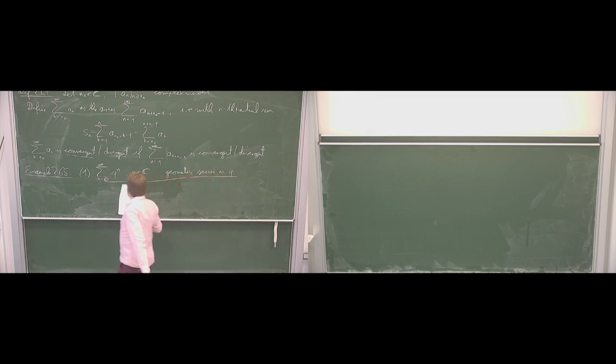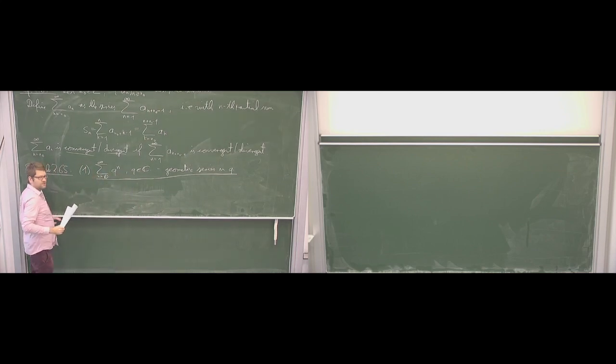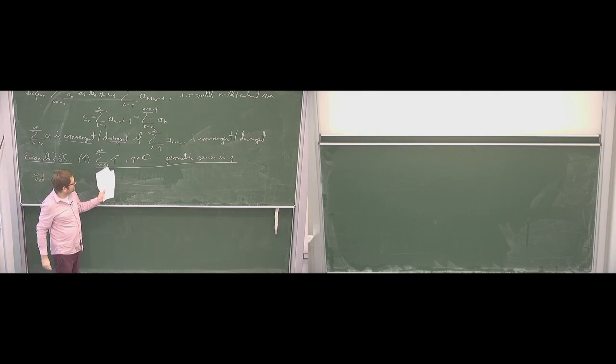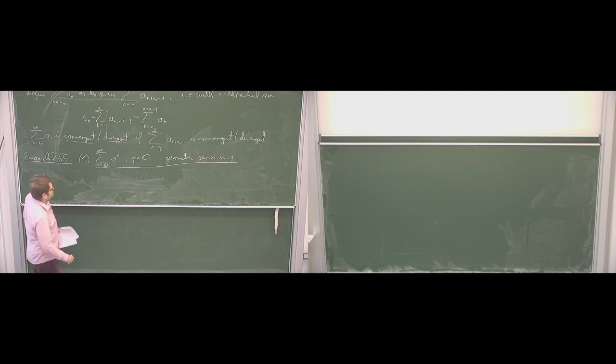We just take the powers of some element, where n becomes bigger and bigger. We want to show when this converges and when it doesn't, or at least investigate for which kind of q it converges and for which it doesn't. So we consider the partial sums.